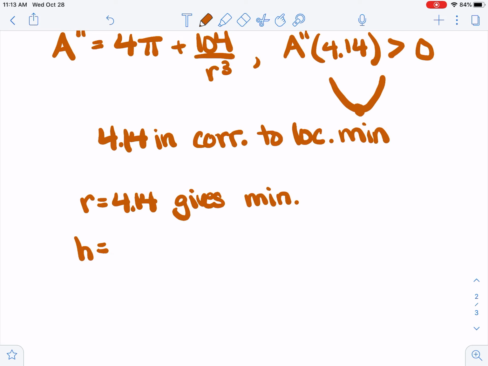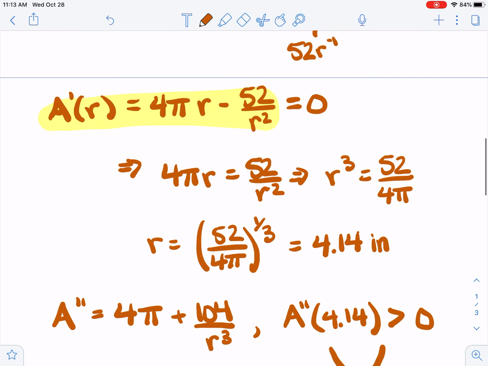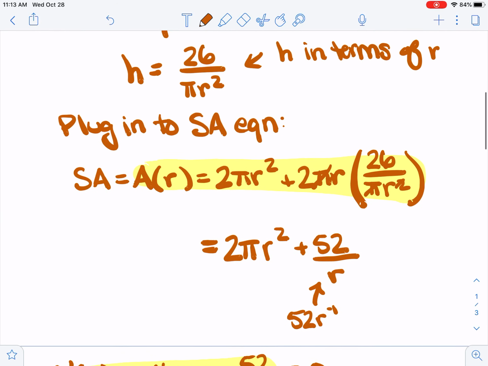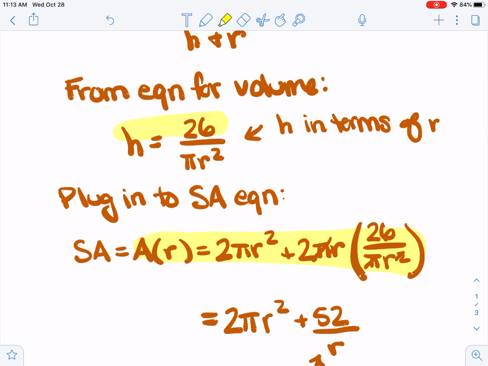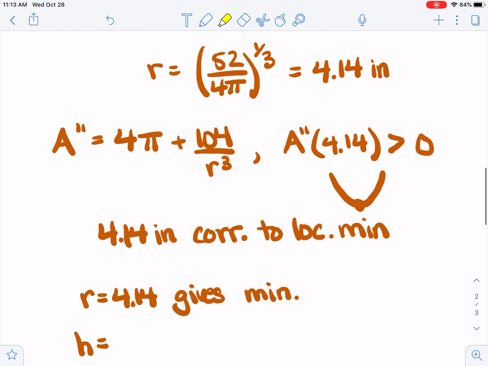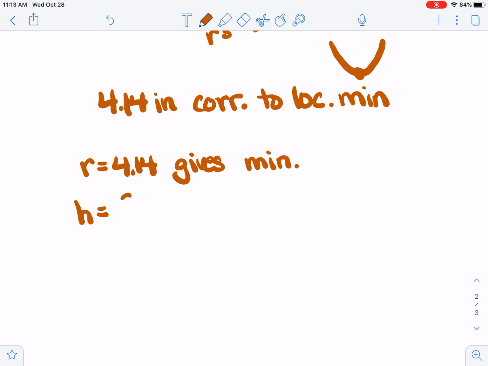The height is, we have height in terms of radius back from the volume equation. So the height is going to be 26 over pi times 4.14 squared. And that's our solution. It asks for the dimensions that minimize the amount of aluminum.